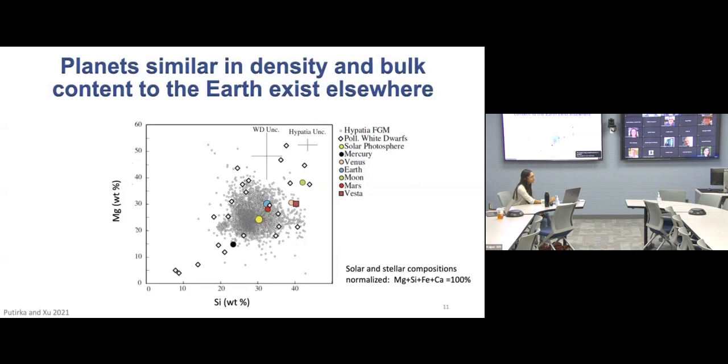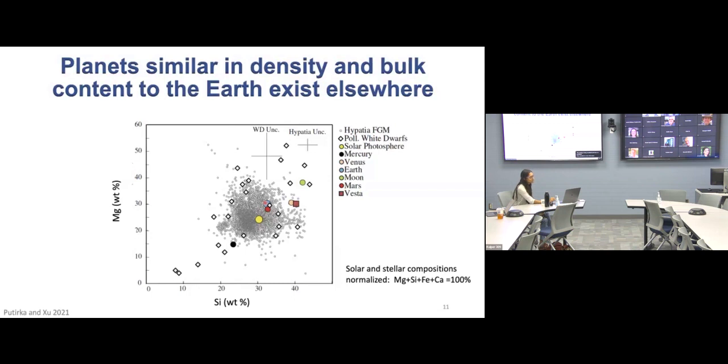And the main point of this plot is just to illustrate that there are similarities between the composition of the Earth and putative planetary objects in other systems. And to first order, what this implies is that if we can understand how the Earth formed, maybe similar processes are occurring in these other systems, and we can apply our understanding to those systems as well.